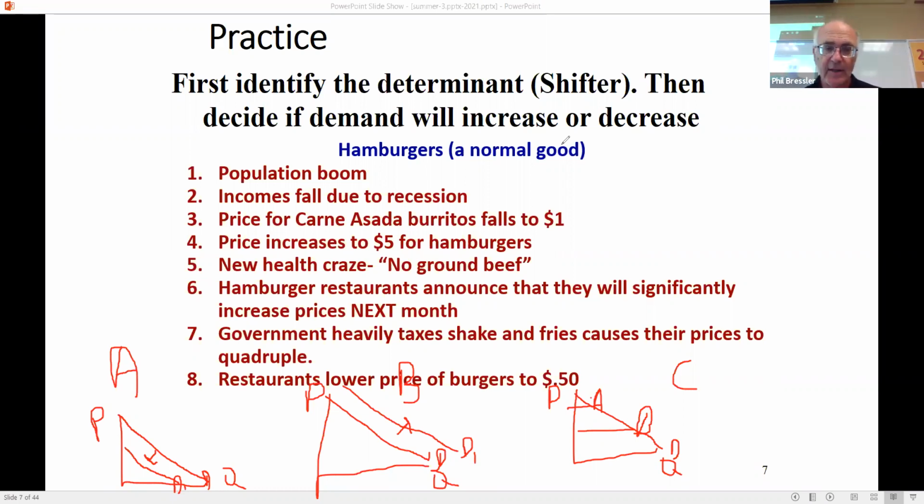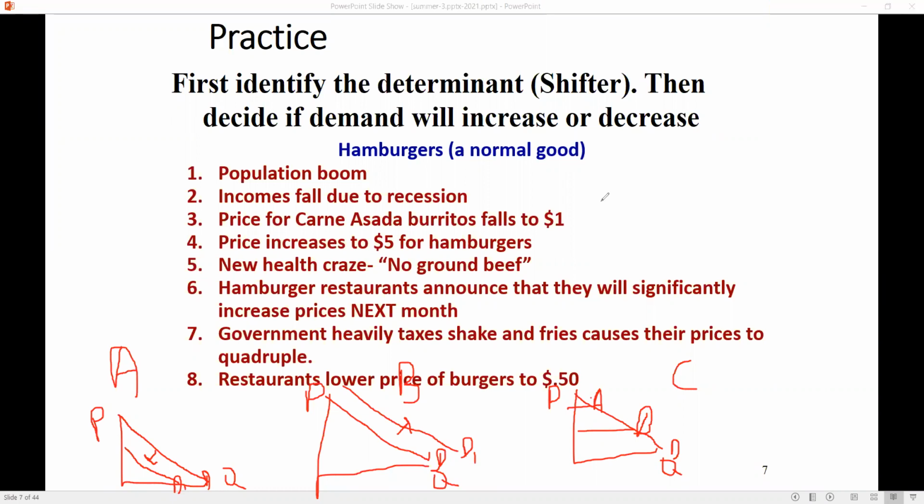Number 7, government heavily taxes shakes and fries, causing their prices to quadruple. Oof. Mike, what do you have on this one? The demand would decrease.